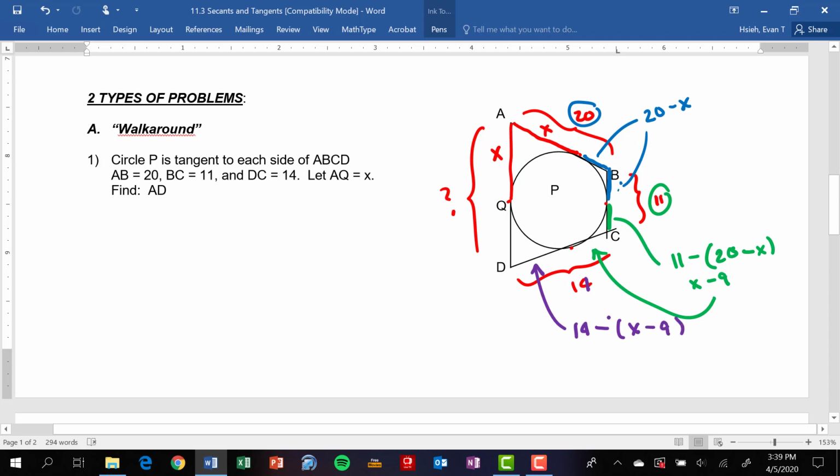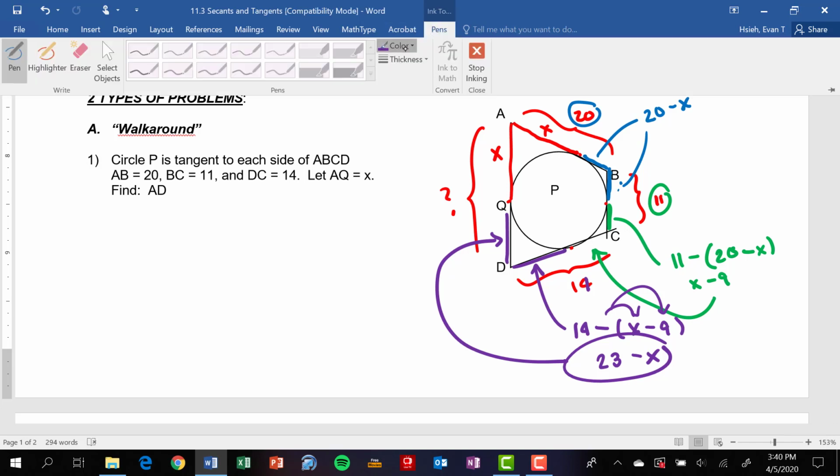Distribute the minus sign here. So what am I going to get here? I'm going to get 23 minus x. So that's going to be this guy also, 23 minus x. That's what these two guys are.